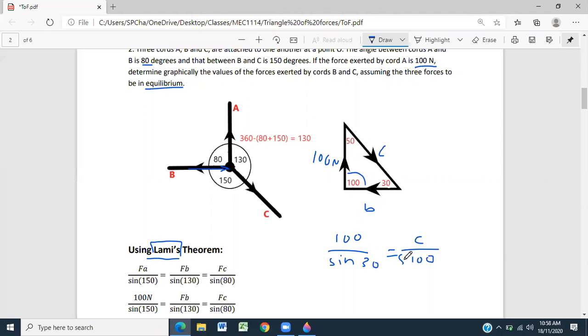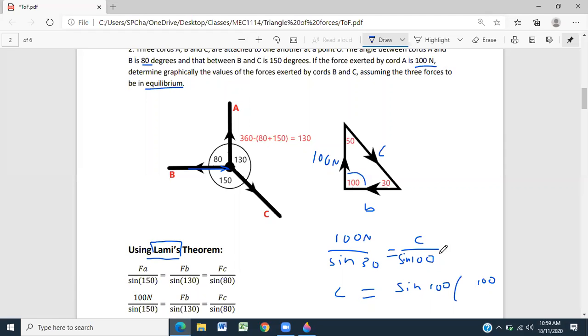So C is equal to sine of 100 times 100. This here is 100 newtons.